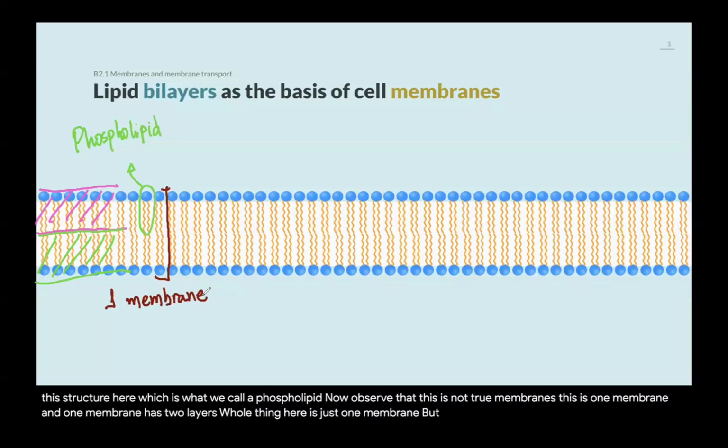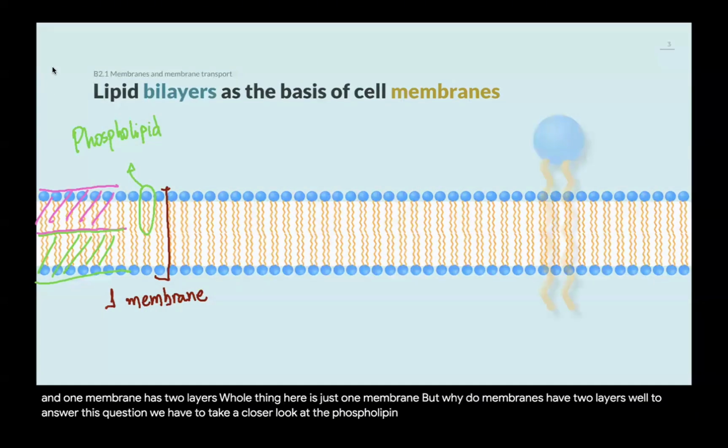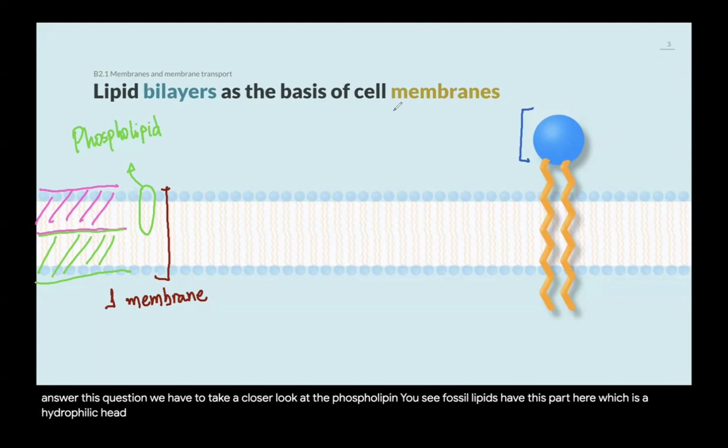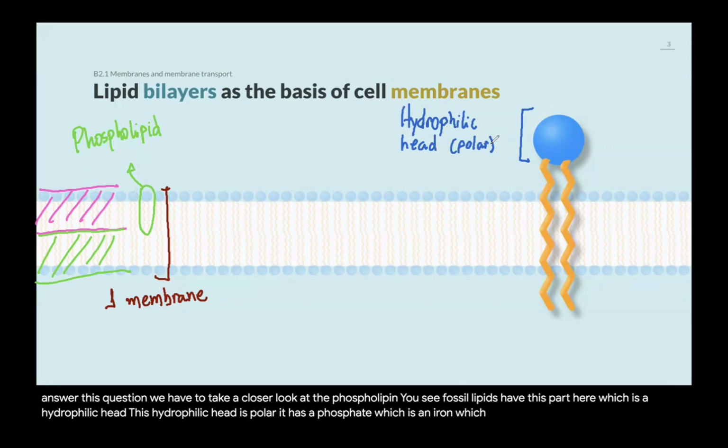But why do membranes have two layers? Well, to answer this question, we have to take a closer look at the phospholipid. You see, phospholipids have this part here, which is a hydrophilic head. This hydrophilic head is polar. It has a phosphate, which is an ion, which has an electric charge. Therefore, it's very polar.